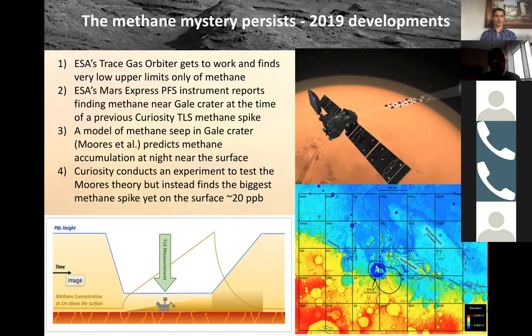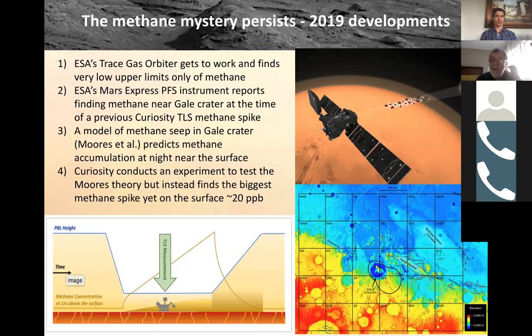We had a fellow on the team, John Moores, who works at the University of Toronto. He had predicted that, if there are these low-level seeps, maybe methane accumulates very near the surface and doesn't get mixed until the daylight. When daylight comes along, what the scientists call the atmospheric boundary layer would get mixed and the methane would diminish.